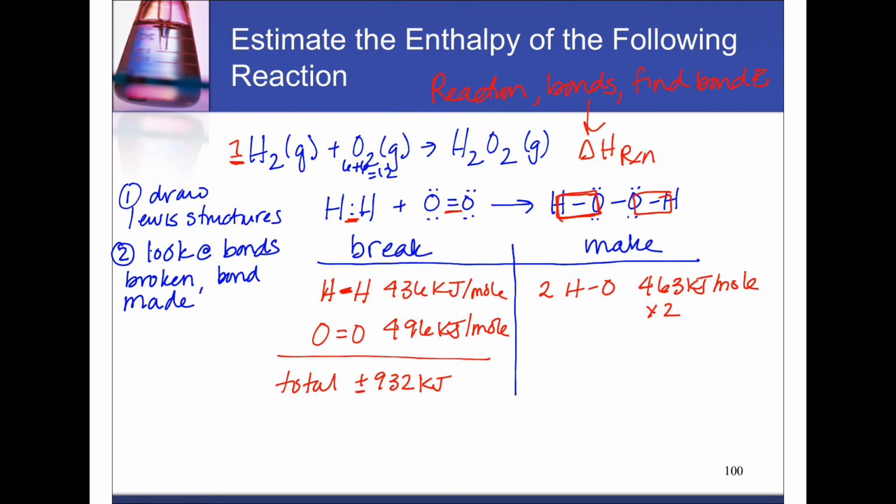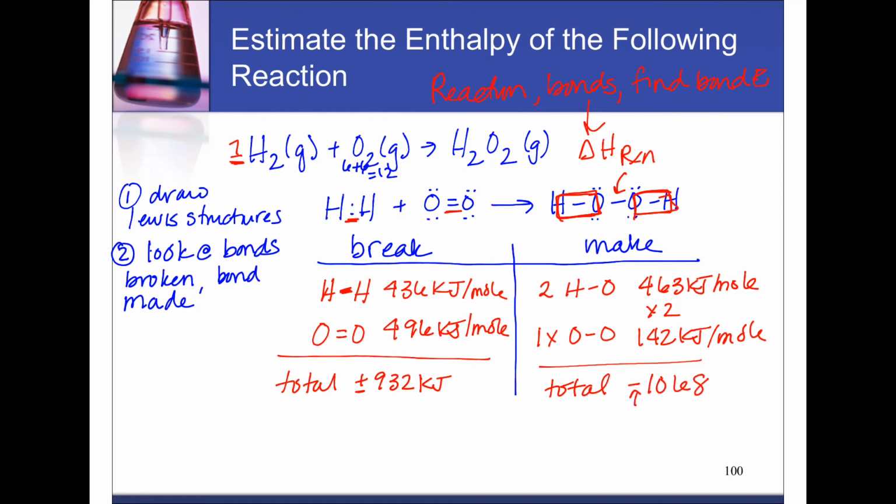I need this one and I need this one, so I need 2 of those. The other thing that I need to make is this bond here. It is an oxygen-oxygen bond, and that is 142 kilojoules per mole. I only have 1 of those. So the total on this side is negative 1068.